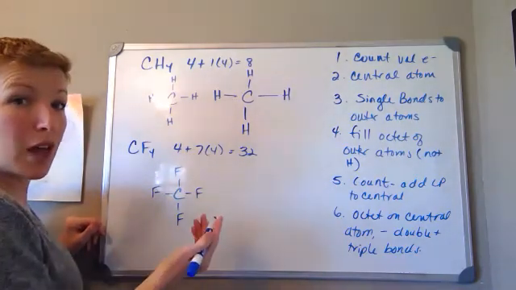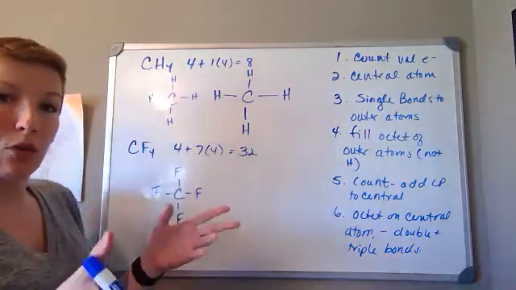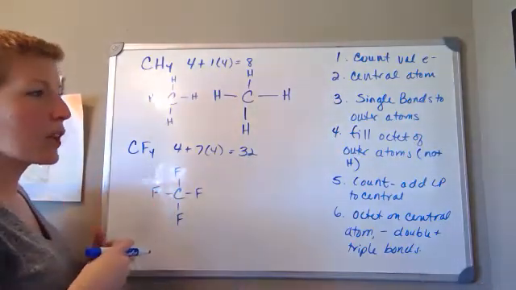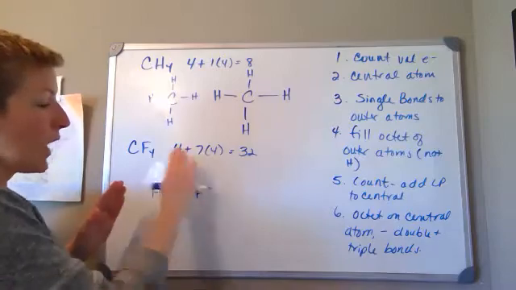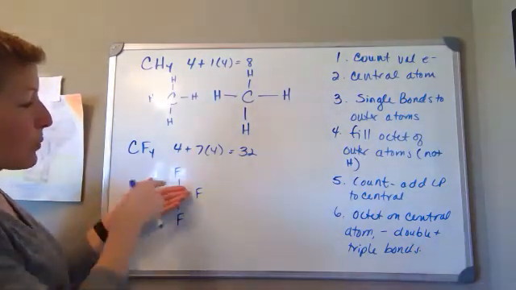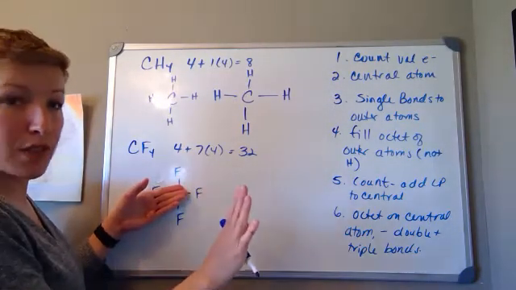Now, we're not dealing with hydrogen, so we are going to fill the octet. So what that means is to get 8 around the atoms. So, little side note, when we're counting for an octet, let's just talk about this top fluorine. We're going to pretend like both those electrons in that bond are only for fluorine for the time being.